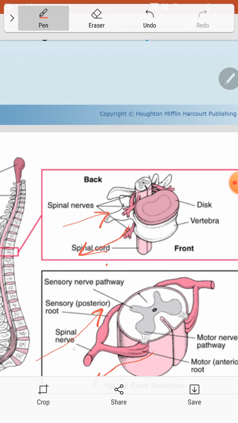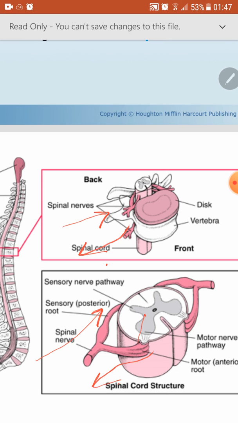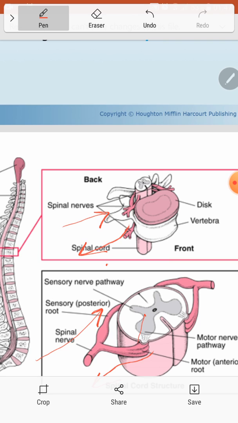Then this impulse will move through the neuron, coming to the spinal cord. Sometimes it will be translated inside the spinal cord directly, because there is no time to go to the brain if there is danger.